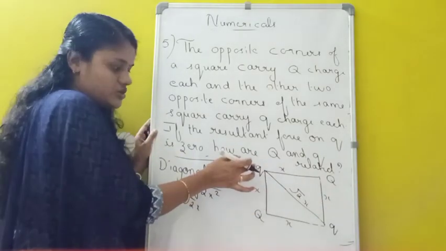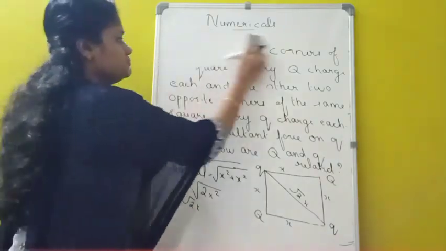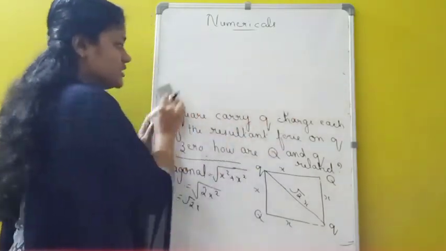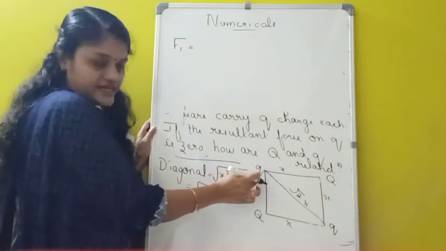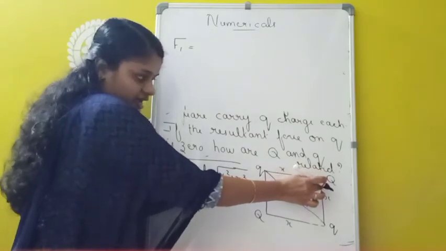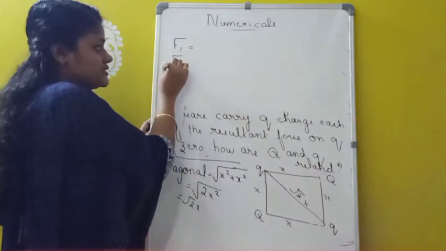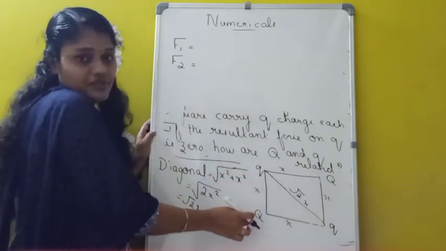The net force acting on the small q charge is 0. That is given here. So first of all, let F1 be the force acting on this small q charge due to this capital Q charge. And similarly, I am taking F2 as the force acting on this small q charge due to the other capital Q charge.